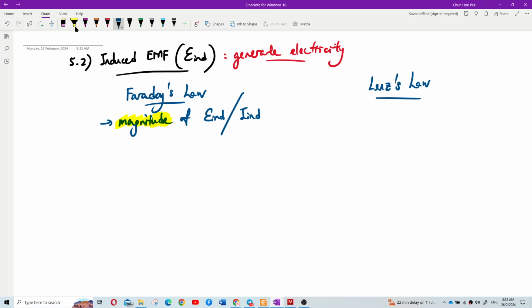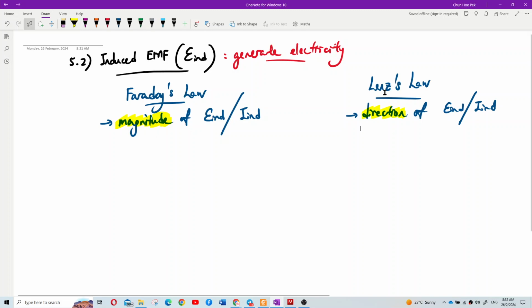Lenz's law is focusing on the direction of the induced EMF or induced current. So one is for magnitude, one is for direction. So for equations, only Faraday's law has the equation. Lenz's law is only talking about direction, so it doesn't have an equation.